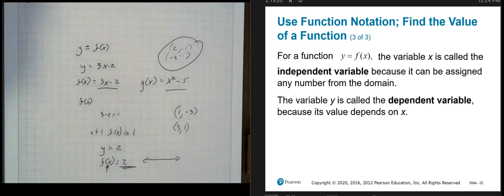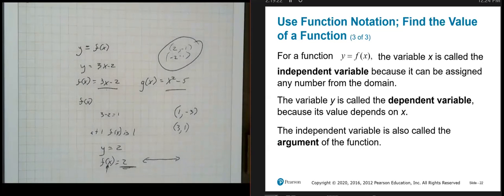Okay. So the independent variable is sometimes referred to as the argument. I will very often, especially when we're dealing with exponential and logarithmic functions, talk about the argument of the logarithm or the argument of the exponential. The argument of a function is the value you put in for x.